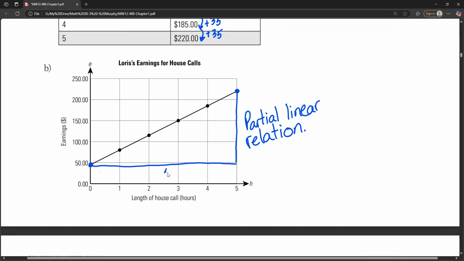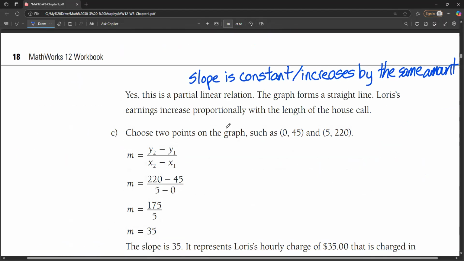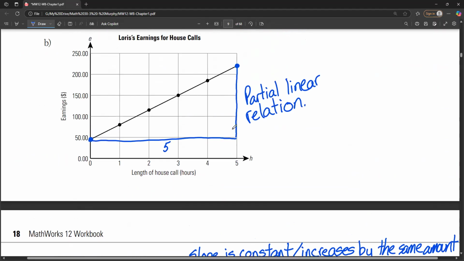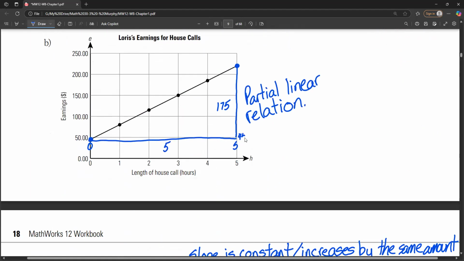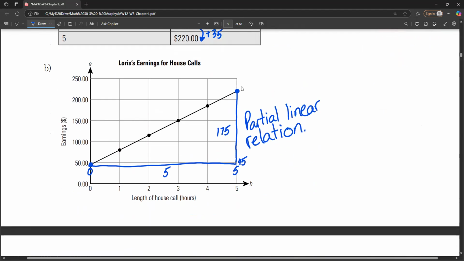So the run is 5, your rise is 175. And again, all they're doing is taking 0 to 5, and then they're taking the flat rate, 45, and it's going up to 220.